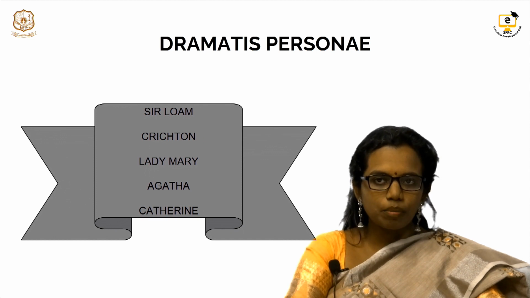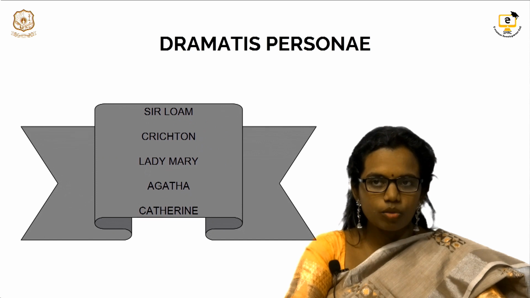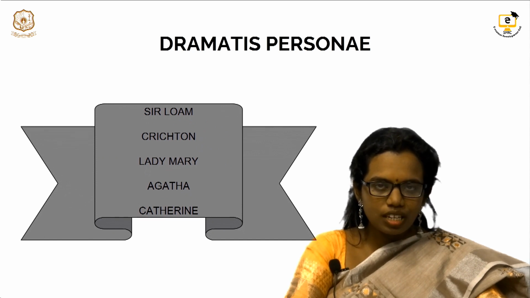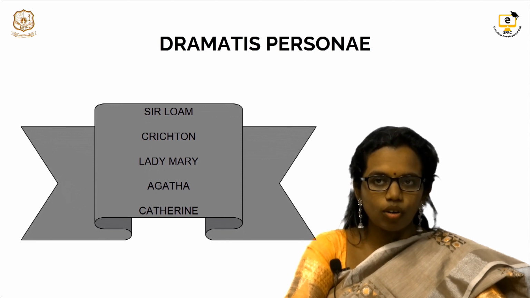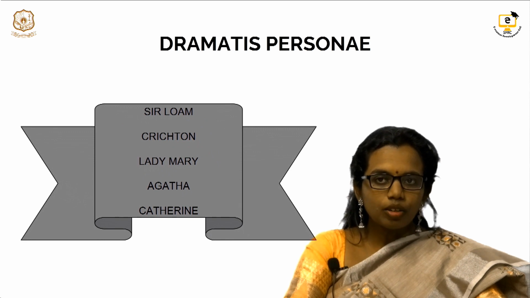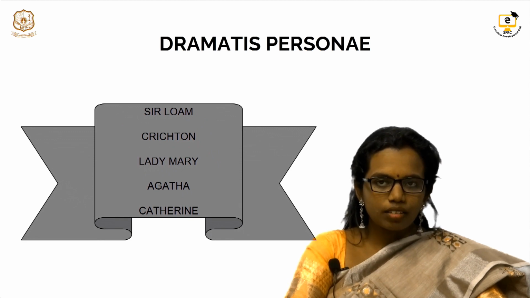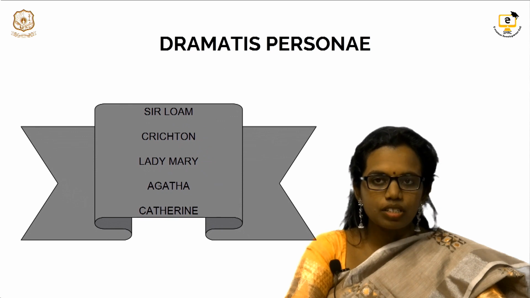And Crichton is the servant in the house, the butler who caters to the need of every individual in Loam Hall. The dramatis personae in the play include a few more minor characters who had already been mentioned in the previous lecture.